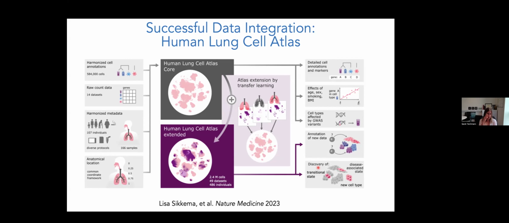And then there's an eye object for the retina that's being released. And there are many others in the pipeline: the blood, the breast, pancreas, liver, kidney, heart, et cetera. These are all going to be Human Cell Atlas collaborative efforts to provide these gold standard suspension cell and nuclear data sets for the community with harmonized consensus cell annotations.